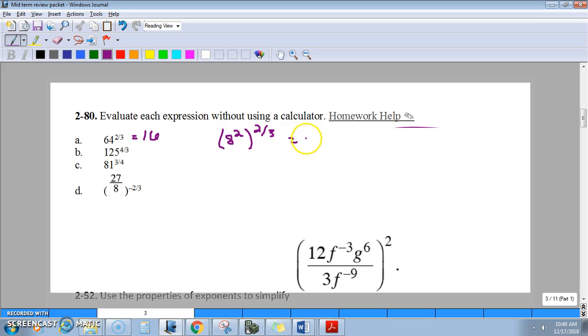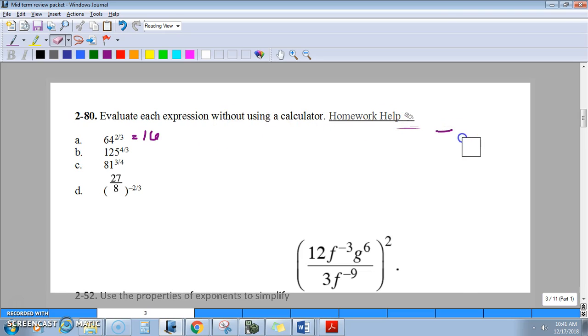So this would have been 8 to the power of 4 over 3, multiplied my numerators, multiplied my denominators, which is the cubed root of 8 to the 4th power, which is 8 times 8 times 8 times 8, and the cubed root of each 8 is 2. So we take out 2 to the 4th power, which is the same as 16. So 2 ways to do that.